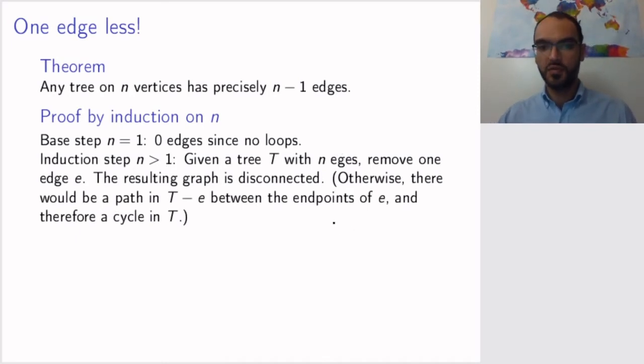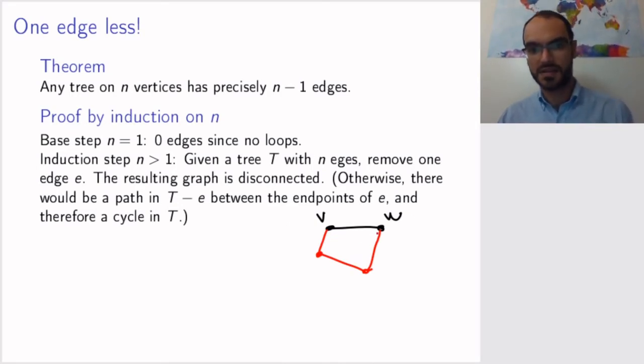Because if by removing an edge, say this edge between vertices v and w, your graph is still connected, this means that there is some other path between v and w. Because connected means that there is a path between any two distinct vertices. But if there is another path, that means that altogether you have a cycle. Therefore, removing any edge of a tree gives you a disconnected graph.